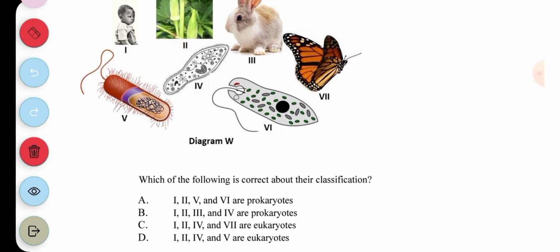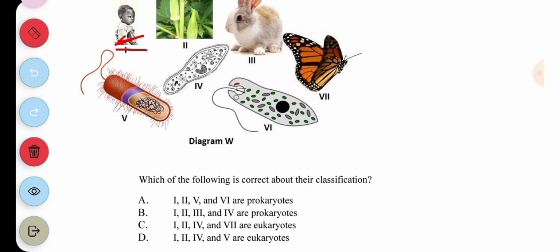Let's start with A. With A, you're saying I is a prokaryote and I is a baby. So A is wrong. B, they are saying I is a prokaryote. It's a baby who will have animal cells, and animal cells are not prokaryotes. So we have C and then D. That's where we have to deliberate to find our correct answer.